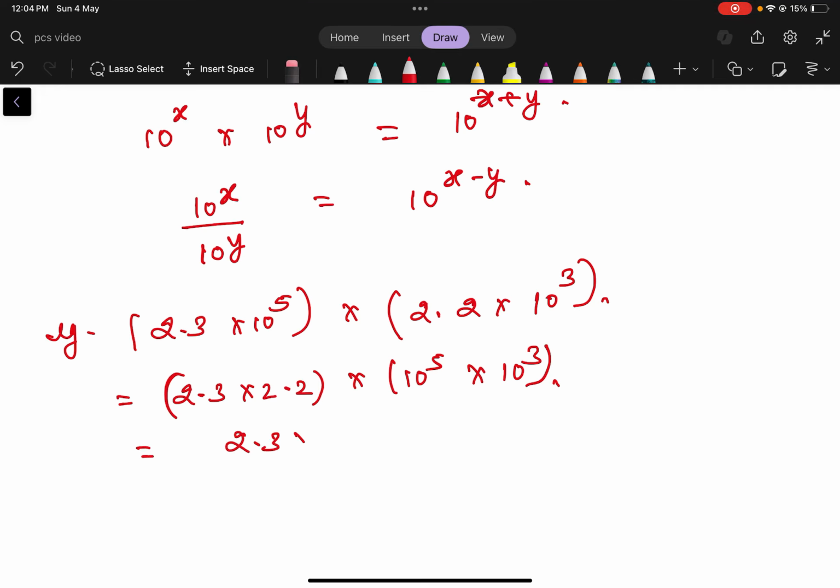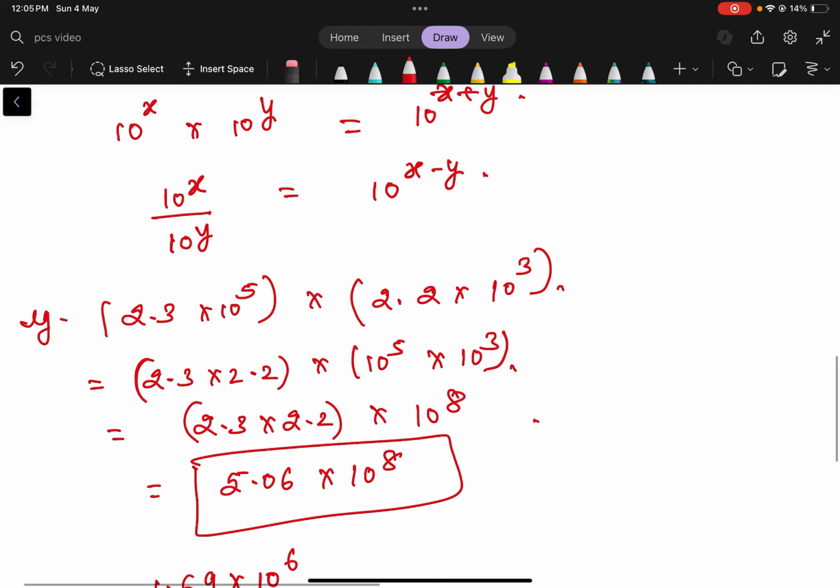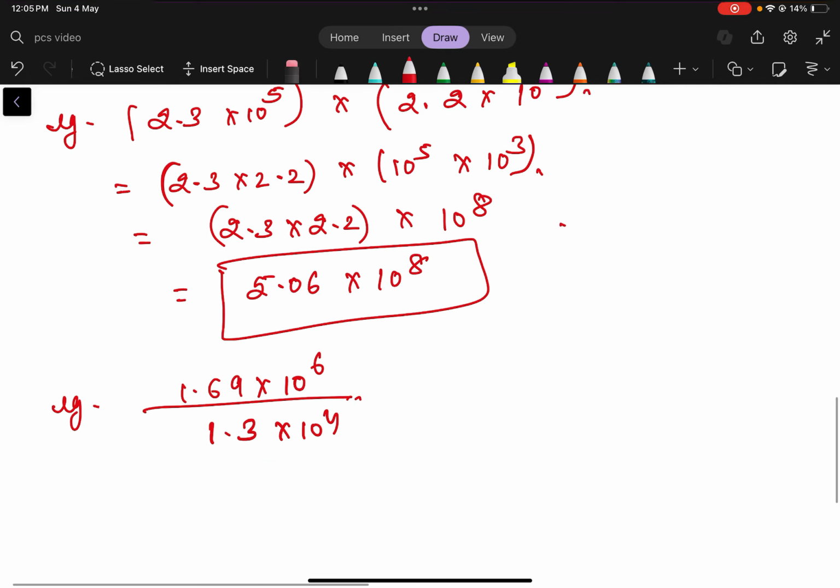Alright, let's look at division. We have example number 2 for division: 1.69 into 10 to the power 6 upon 1.3 into 10 to the power 4, right? So it will come as 1.69 divided by 1.3 into 10 raised to 6 minus 4.